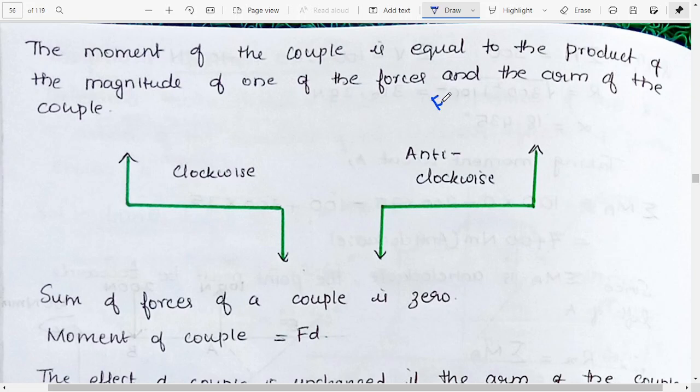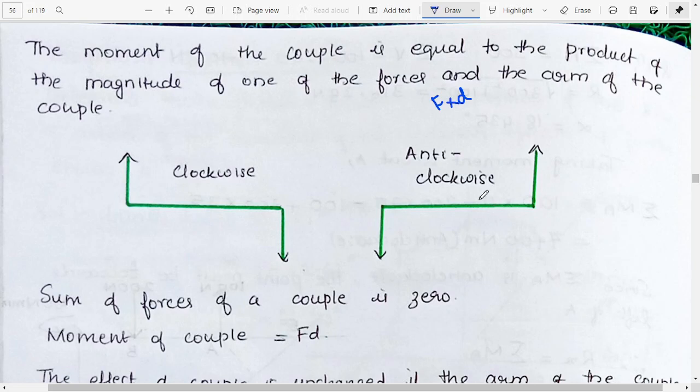We just have to take any one of the forces and multiply it by the distance. That would give us the moment of the couple. And there are signs, positive and negative. If it is moving in the clockwise direction, then it is positive, and if it is moving in the anti-clockwise direction, then it is negative.